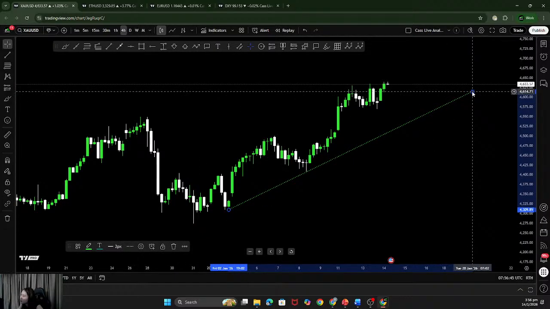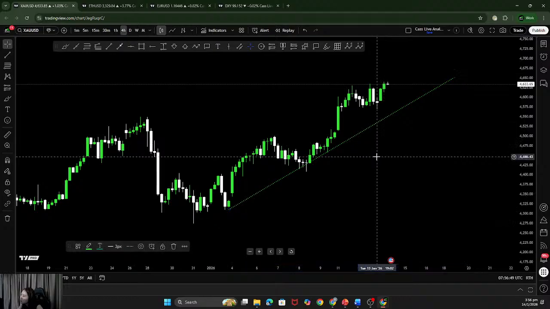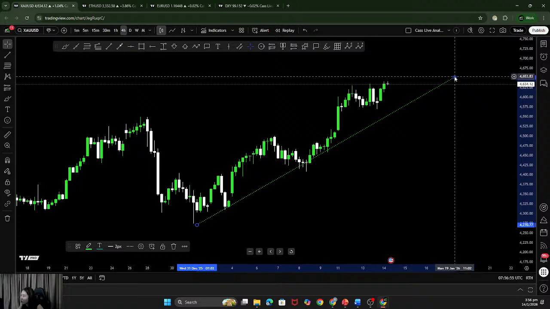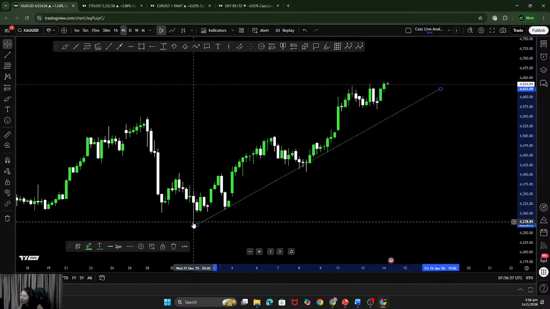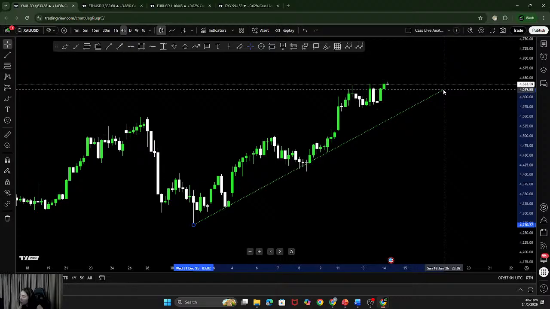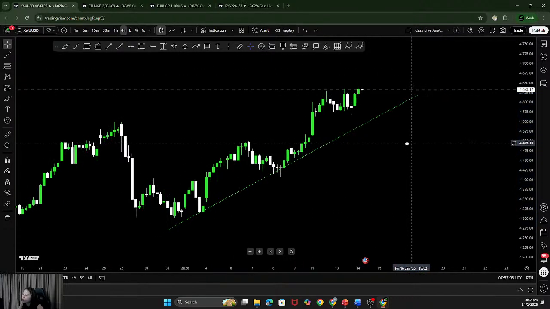But let's see if I can draw it a different way. You guys shouldn't be too rigid with how you draw your trend line, because trend lines are very subjective. Two or three people can come on the charts and draw the trend line totally differently.